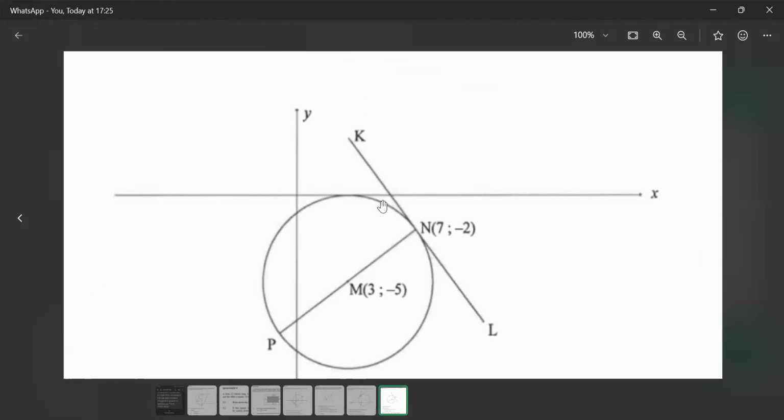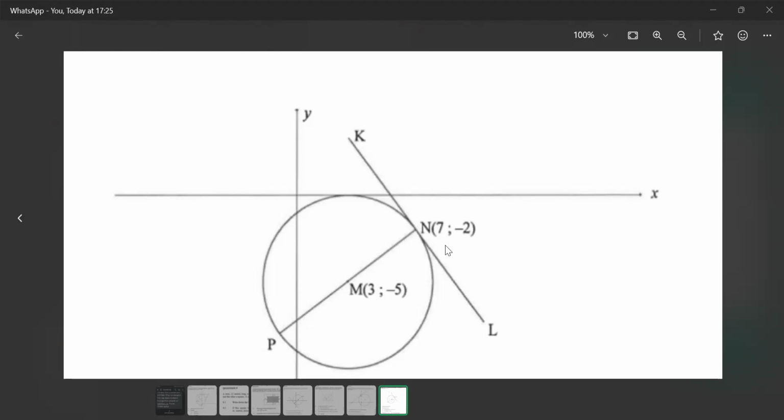Well, we already know the coordinates of the center, and we also know the coordinates of the point N. So we just need to find the length of the radius, which is MN. In fact, we don't need to find the radius itself. We just need to find the square of the radius, and that will be enough.